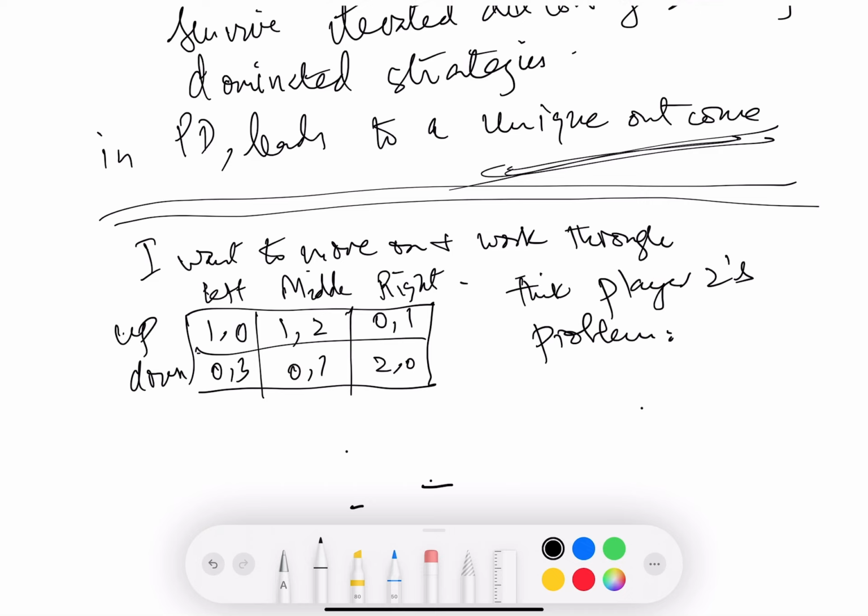Well, let's go through it one by one. It's a simple enough problem that we can go through the whole problem. Let's compare left to middle. Player 1 plays up.